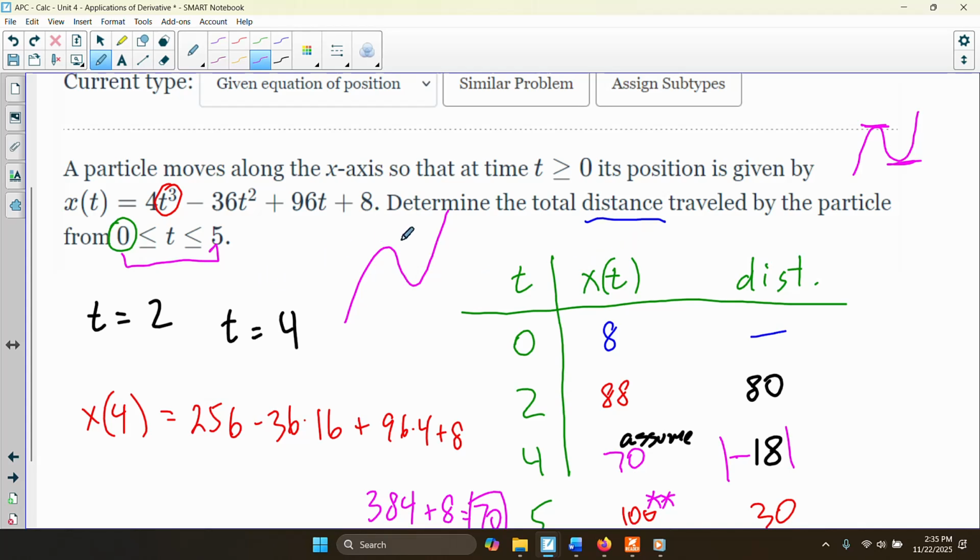That means you have to take a derivative, set it equal to 0, do the sign chart, and analyze it from there. This is, I don't want to say by far, but most likely the most tedious kind of problem: finding distance traveled using not a graph, but an equation.